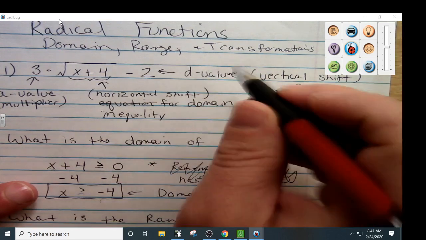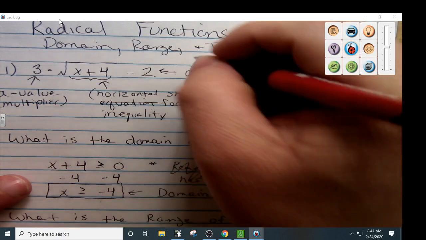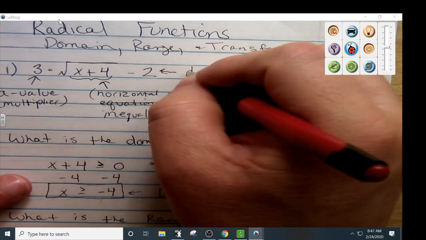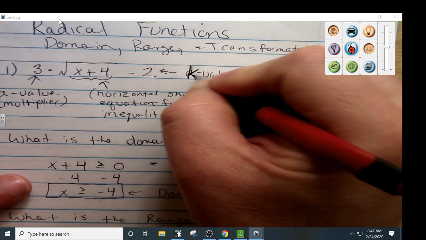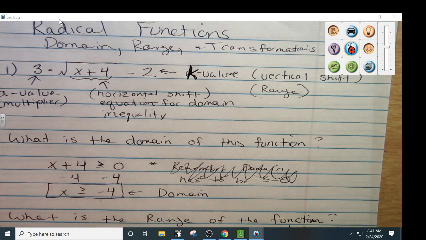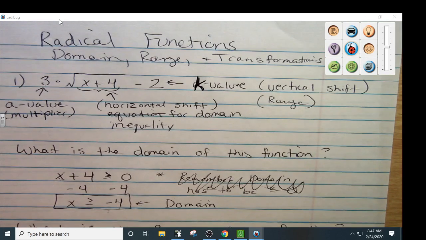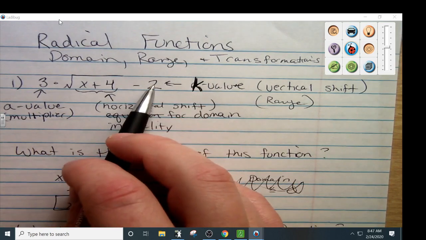That is known as your k value, not your d value. That's the very first thing we wrote down. That's the number on the outside of the radical.